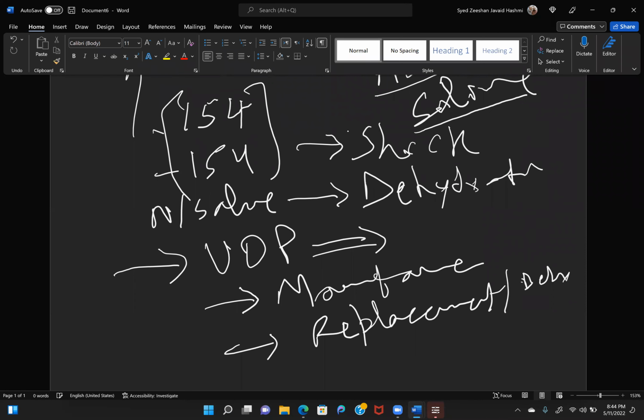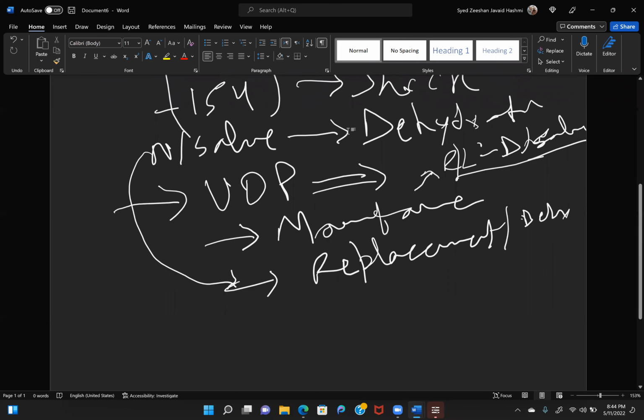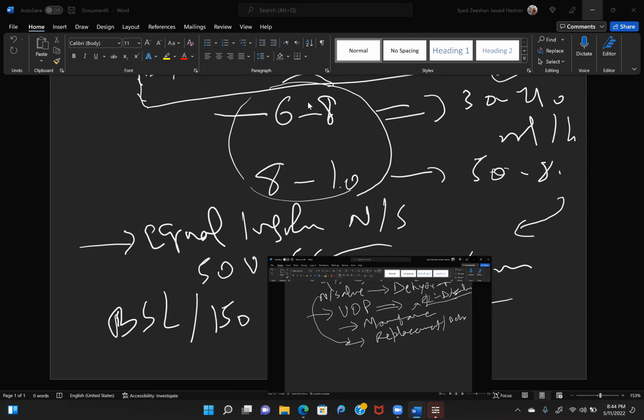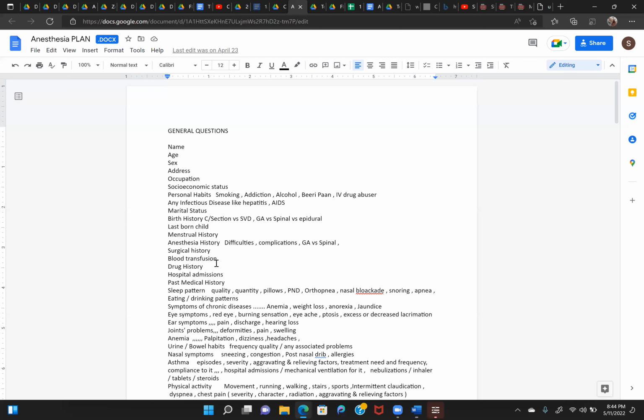So in this condition, normal saline may be a replacement fluid, but maintenance may be Ringer's lactate or dextrose saline, half dextrose saline. This is with reference to the pediatric population. Okay, so I will just show you.